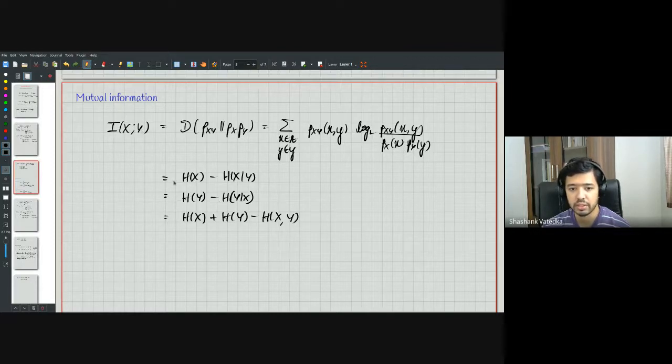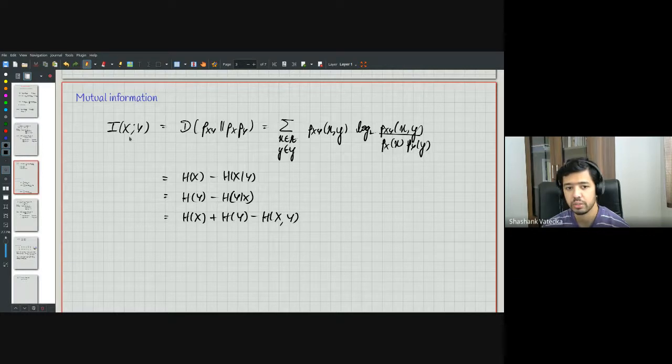And again, heuristically, you can interpret this particular statement using this interpretation. So the amount of information about x given by y is the total information content of x minus the amount of residual uncertainty left in x having observed y.